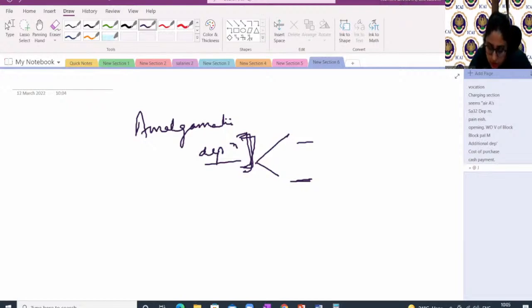So I would request you to, illustration 2 को छोड़ के, and if an asset is used for both personal and business purpose, proportionate depreciation would be allowed. Please study till page 4.211.